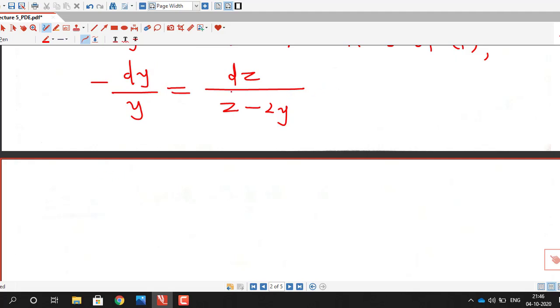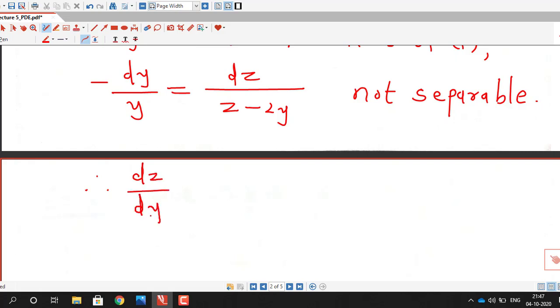Now this equation is not separable, so we cannot solve it directly by taking the integral, because of z minus 2y we are not able to separate the terms dy with y and dz with terms containing z. So we have to think of another method for solving this equation. As I observe this, I can rewrite it as dz by dy.